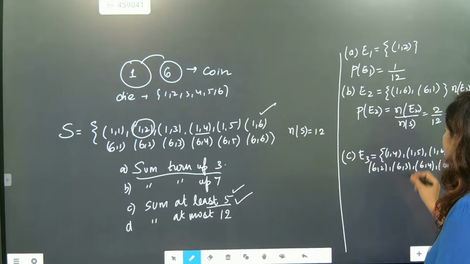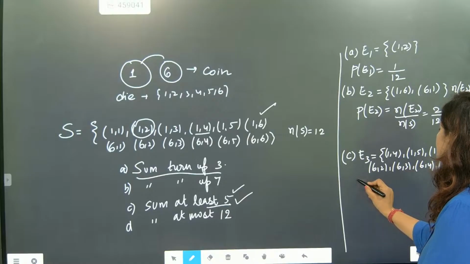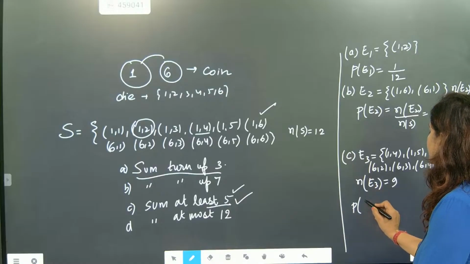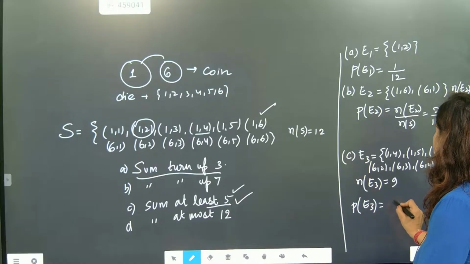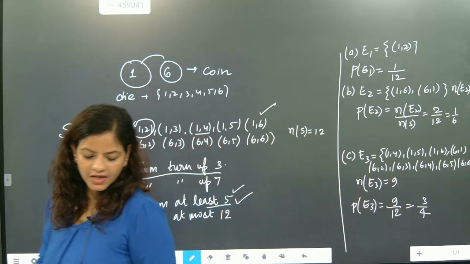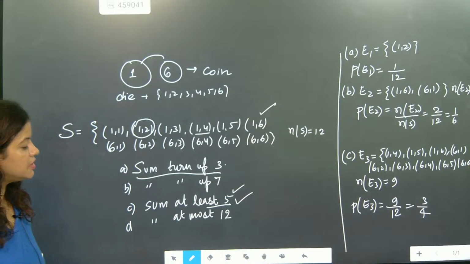In total we get 1, 2, 3, 4, 5, 6, 7, 8, 9. So the probability of getting this event is 9 by 12, which is 3 by 4. Absolutely correct. The answer is 3 by 4.